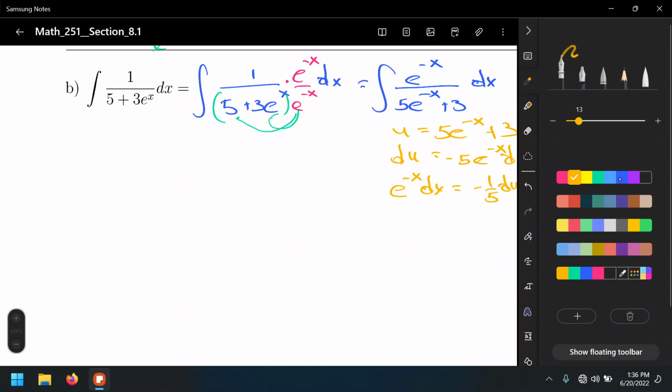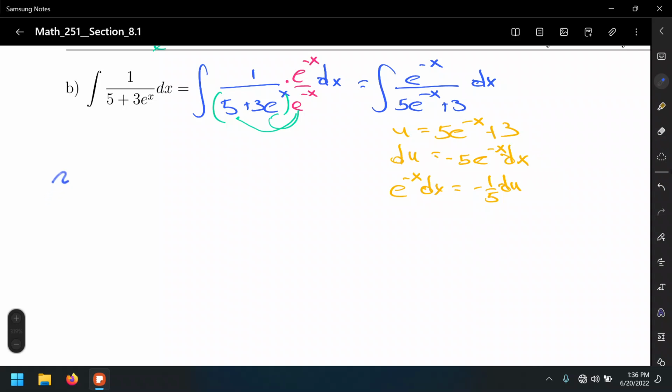All right. So this is going to give us the integral of negative 1/5 du over u, and again this is just going to be an ln rule. All right, so let's see, what do we have?